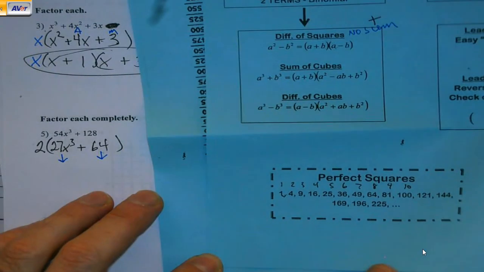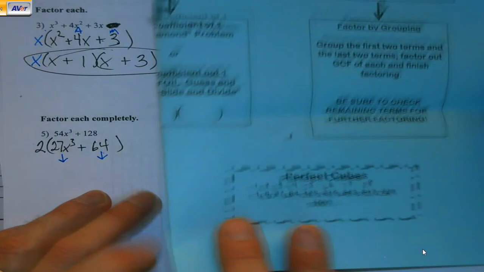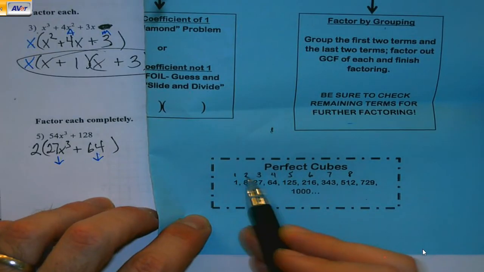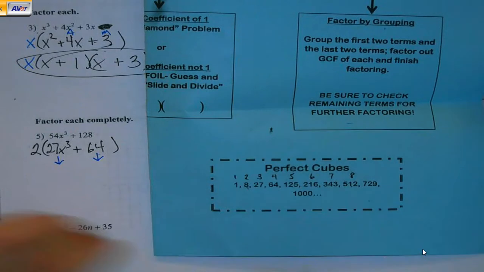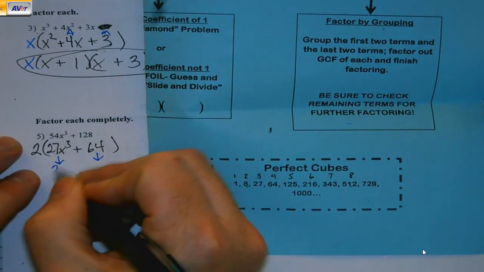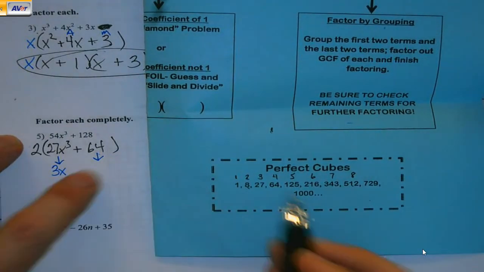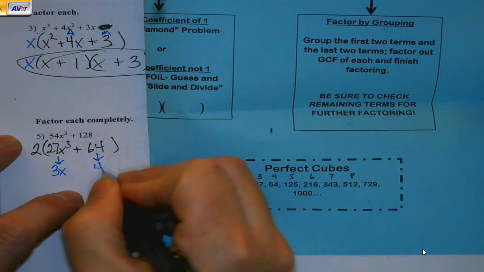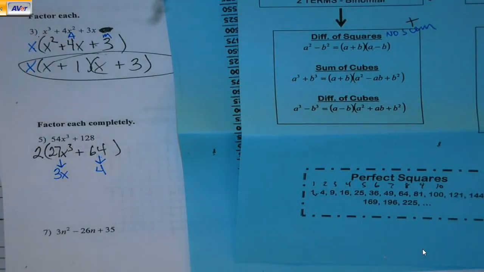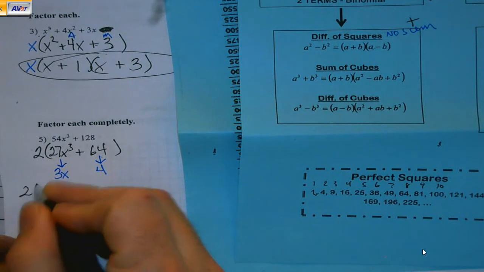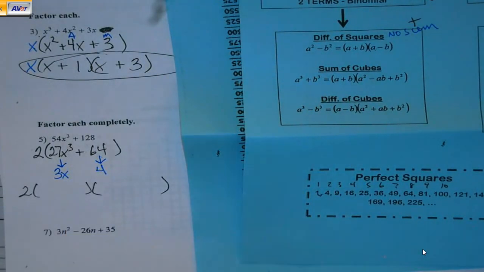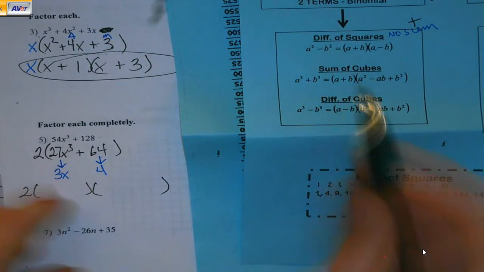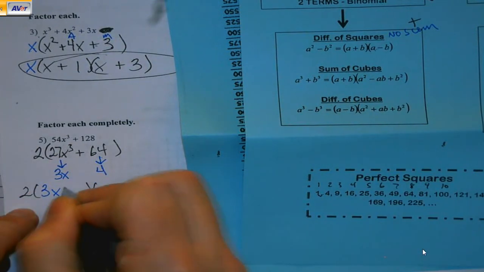And if you did what I'd mentioned before on your help sheet and jotted down the cube roots of these, you'd be able to look and say, okay, so that would be 3x, and 64 is 4. And now I'm just going to copy my form. So I've got my 2. And what's the form say? Well, it's plus, so it's first plus second. 3x plus 4.